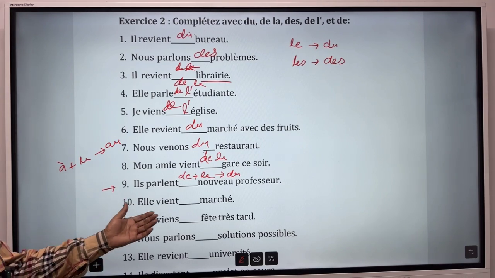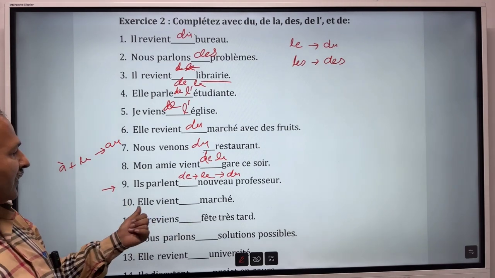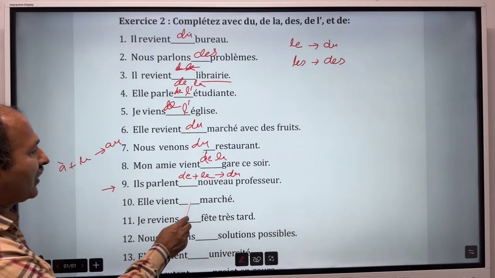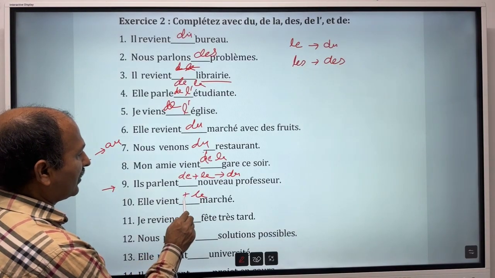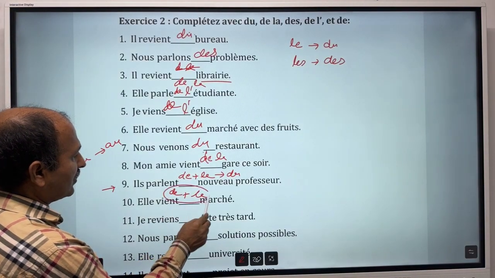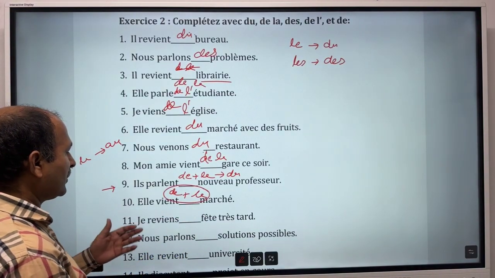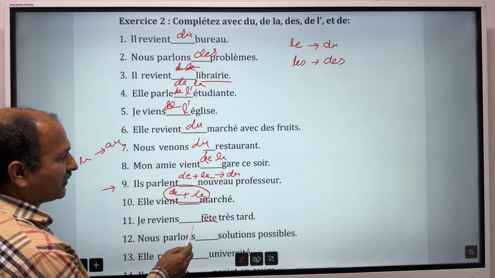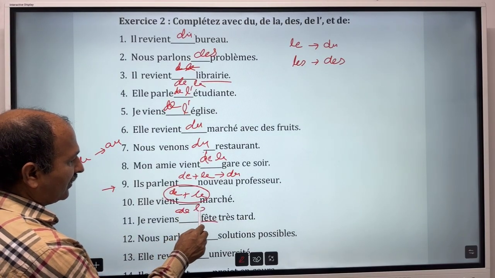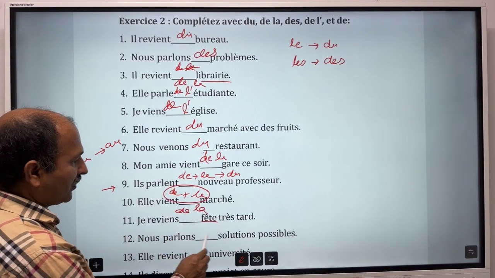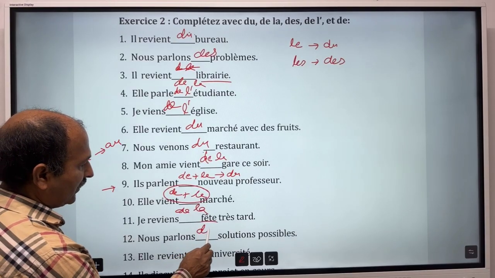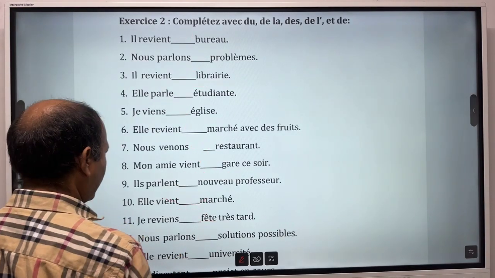Now, elle vient du marché. She comes from the market. It takes a definite article LE. So here DE. So the two combine to form DU. Je reviens de la fête. Fête is feminine. So it will be de la fête. Nous parlons des solutions. Solution plural. Des solutions.